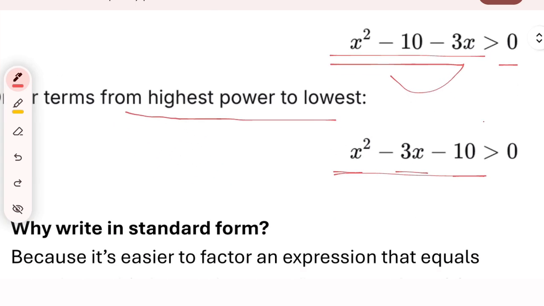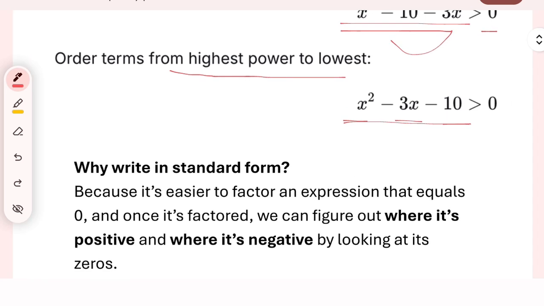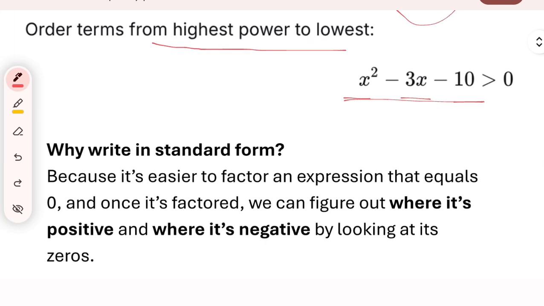So greater than 0. My question is, why do we have to write it in a standard form? Why is it that some professors would actually require you to write it first in a standard form? So the answer is because it is actually easier to factor an expression that equals 0. And once it's factored, we can figure out where it's positive and where it is negative by looking at its zeros.